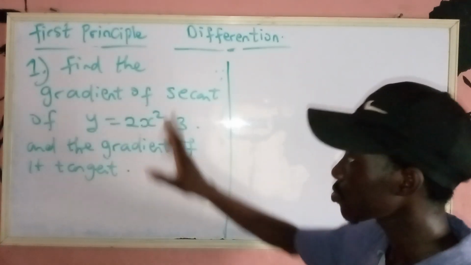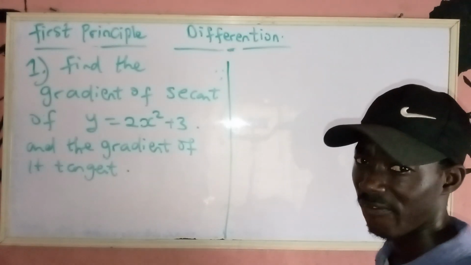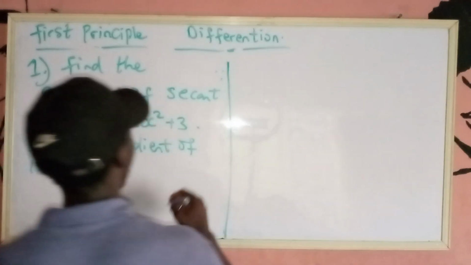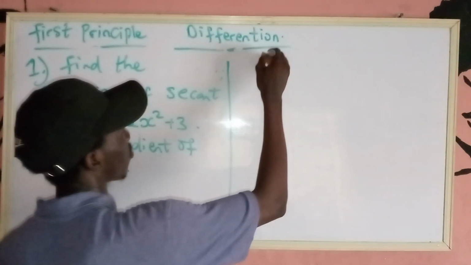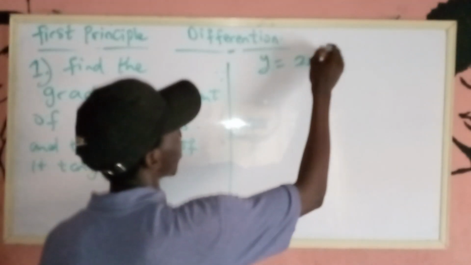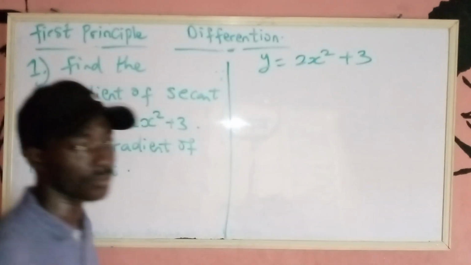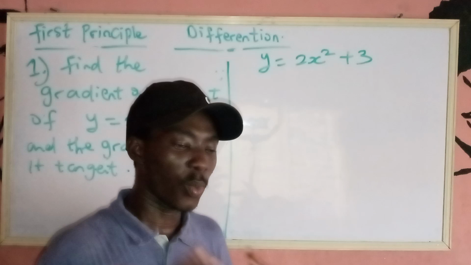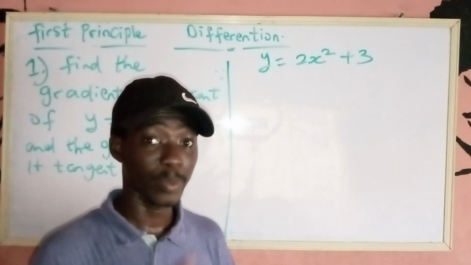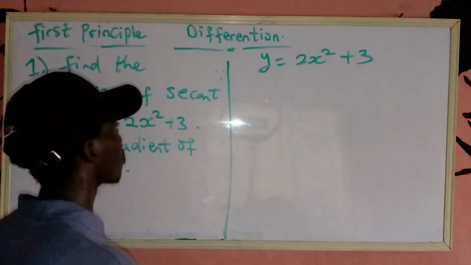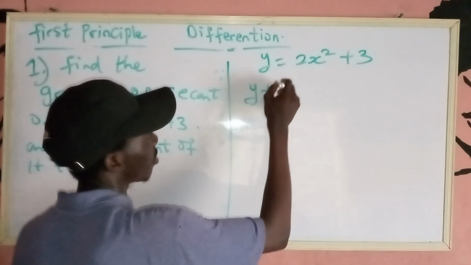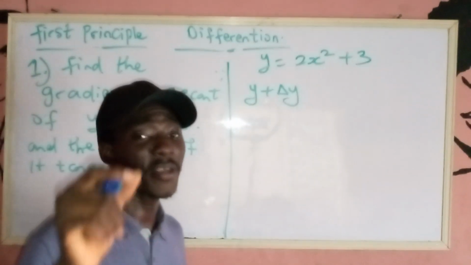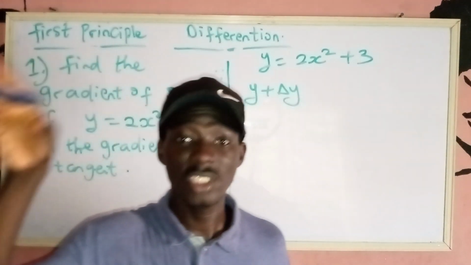So, using first principle, let's start with that. We have a function y is equal to 2x squared plus 3. What we do here is start with the idea that we increase both y and x at the same time. So I'll turn this to y plus change in y. Anywhere you see your y, change it to y plus change in y.